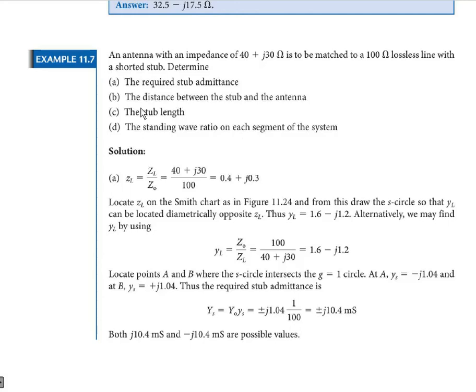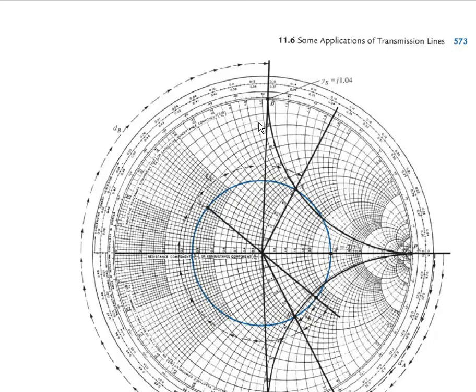Next we can see how we can find the distance between the stub and the antenna. It's very easy. After getting this point A and B, you just measure the distance from the load admittance, which we marked as YL previously, to this point B as well as this point A in the clockwise direction.